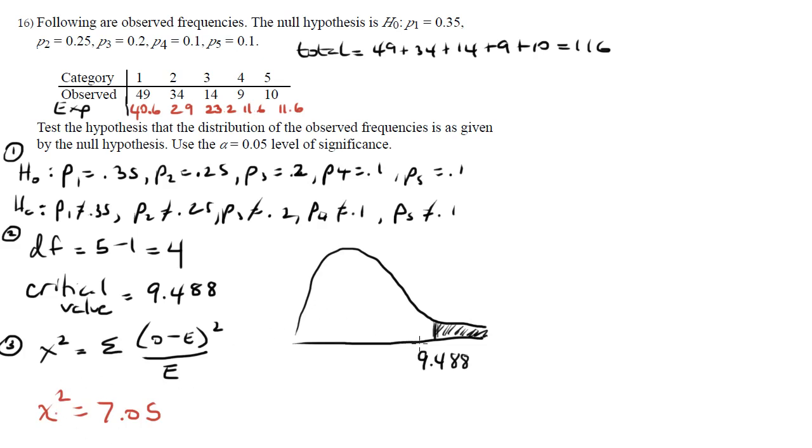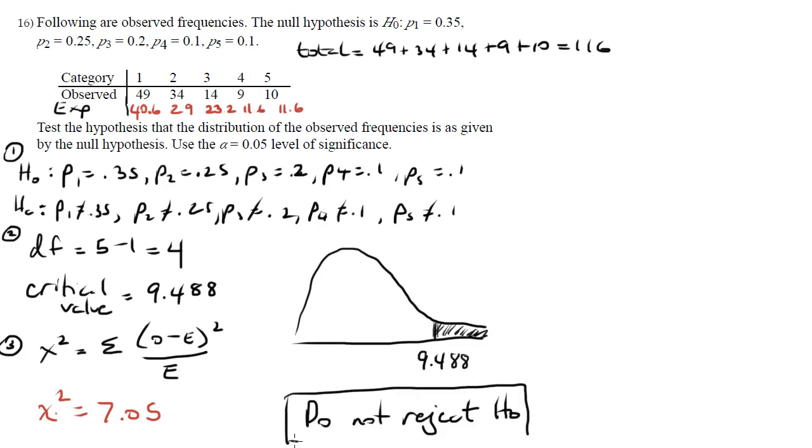It's 7.05. That's less than 9.488. That's not in the critical region. Do not reject the null hypothesis, because we're not in that critical region. That's it. The test is done.